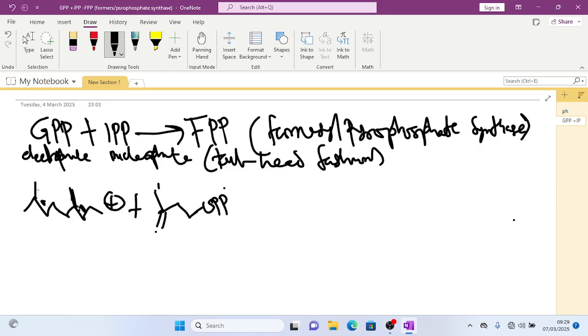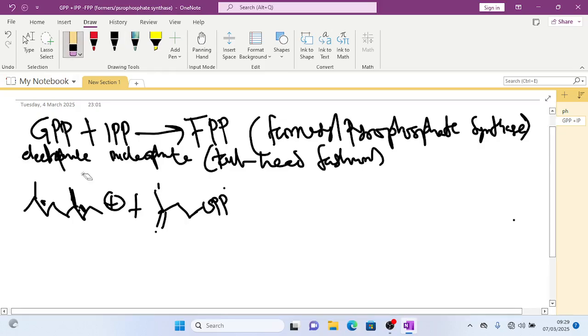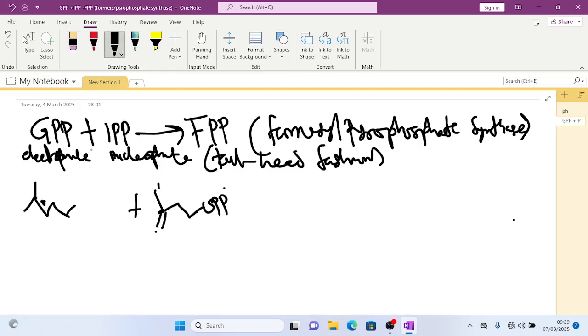Let me count this. This is 1, 2, 3, 4, 5, 6, 7, 8, 9, 10. Okay, so I don't want to make the mistake I made earlier. Positive charge for geranyl pyrophosphate now. Sorry.